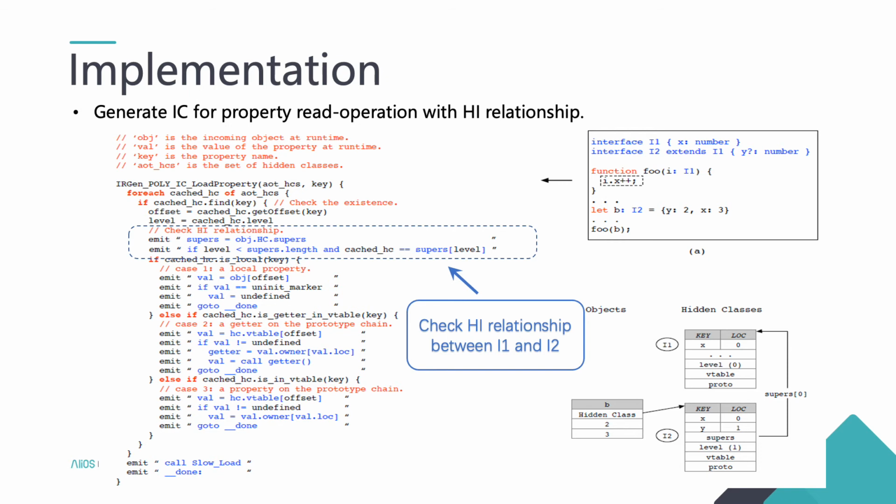When object B with the hidden class created from interface I2 is passed to function foo, no IC miss will be triggered, since STSC can detect the hidden inheritance relationship between the two hidden classes and directly load property X from location 0. Note that all the actual loading operations are guarded by the check of the hidden inheritance relationship. Based on the definition of hidden inheritance relationship, STSC can enlarge the scope of cache-hitting hidden classes from the cached hidden classes to their descendant hidden classes in the same hidden inheritance trees.